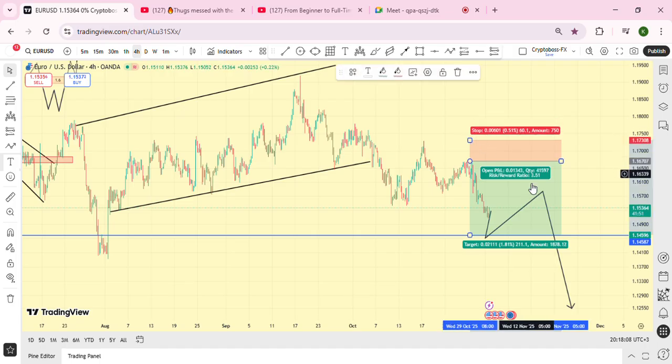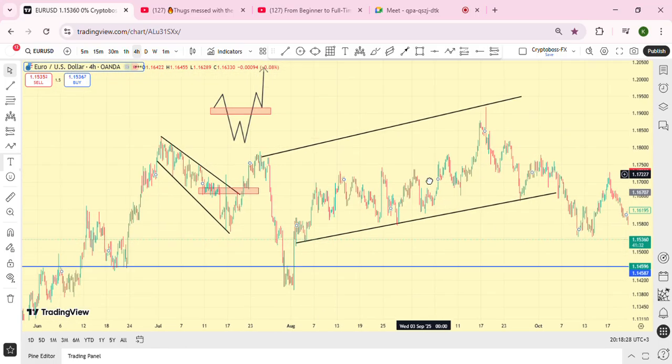So let's say you have a good account and you just entered the market with a standard lot size, that is one. That is going to be $2,111, and that's a good amount in one trade.